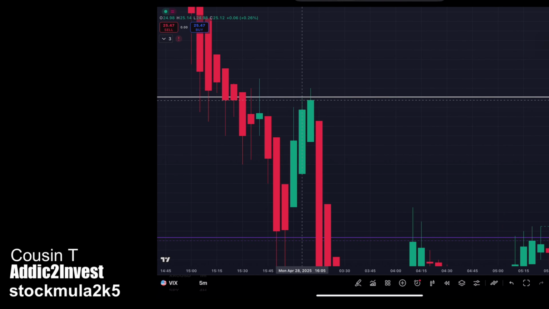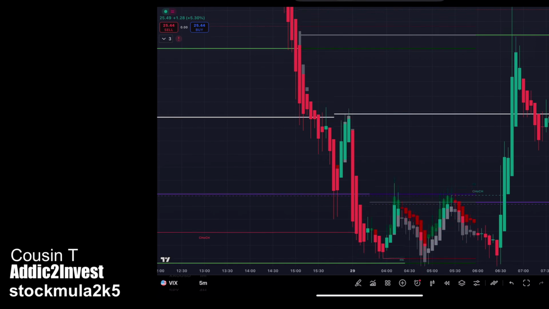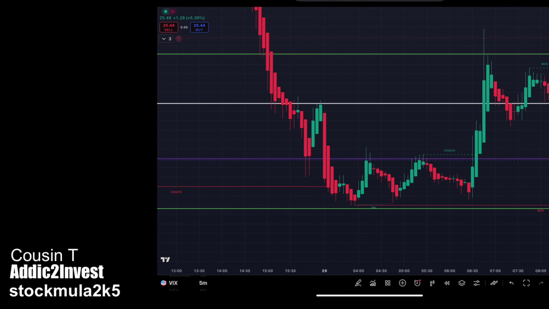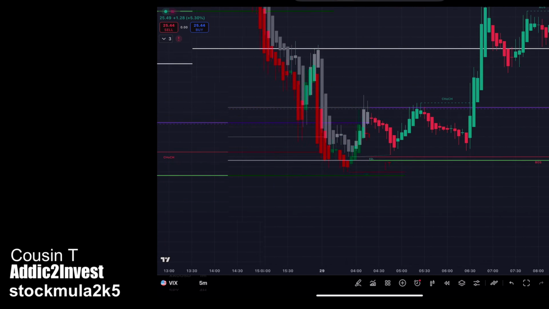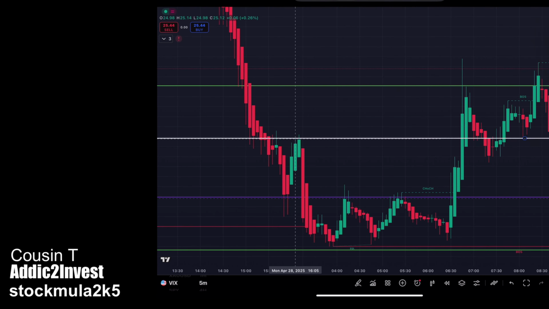So all I do is when I plot the lines, I know because I've been doing this so long where support, where resistance is at. So right here on Monday, the 28th, which was earlier this week, it hit 25.14. Like I said, when it hit here, it was resistance. It came back to like here, but then broke.